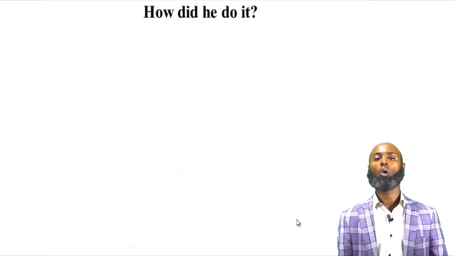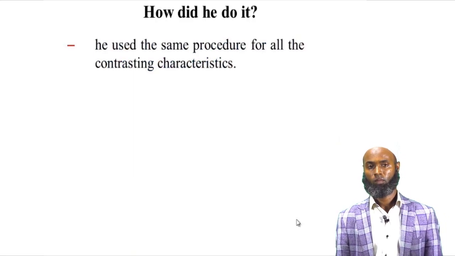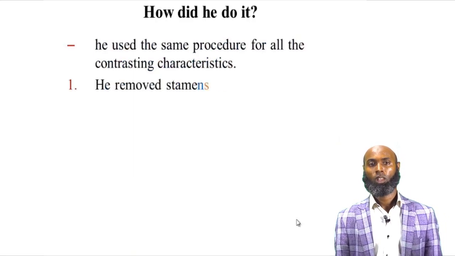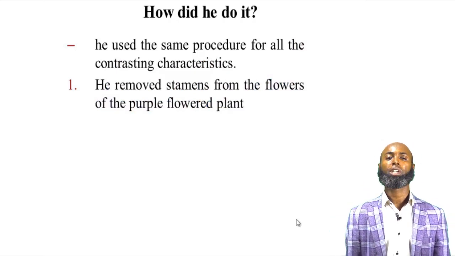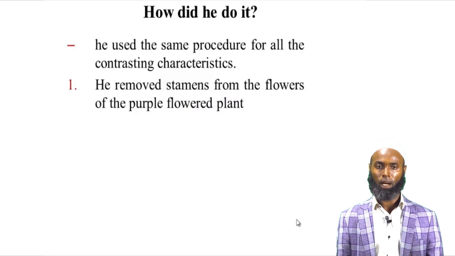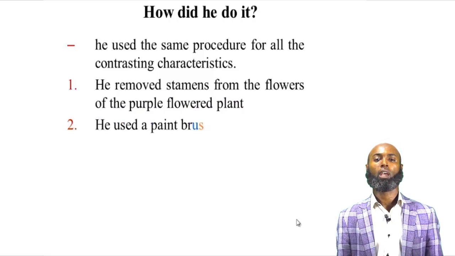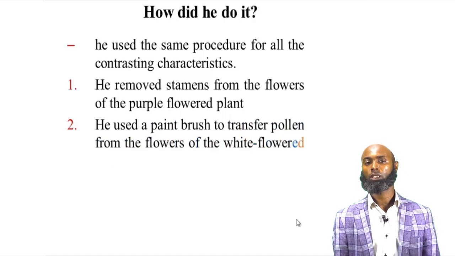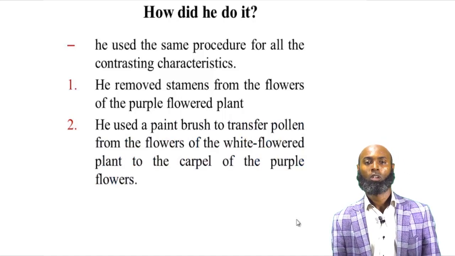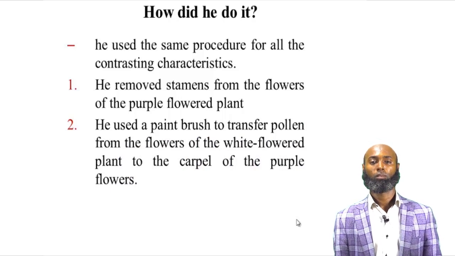Now let's see how Mendel did his experiment. First and foremost, he removed the stamen from the purple flower. Then he used a paintbrush to transfer pollen grain from the white flower to the carpel of the purple flower.